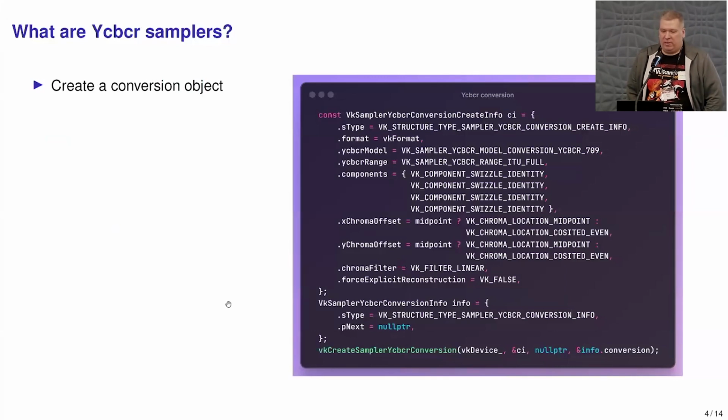Ycbcr samplers are quite elaborate because they require multiple objects to come together. So before we can create actually a pipeline for sampling YUV images, we have to create a special conversion object. As you can see, there is a create info structure, and there are plenty of parameters we have to set up before we create one.